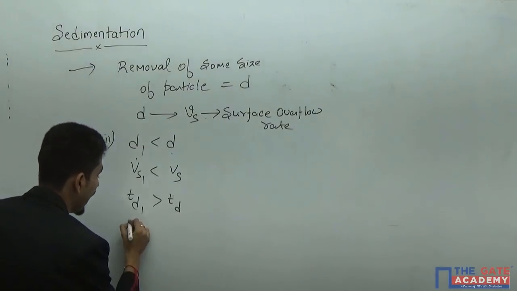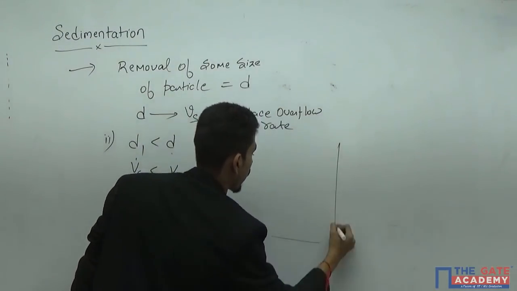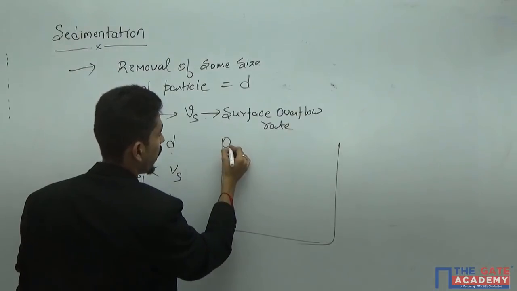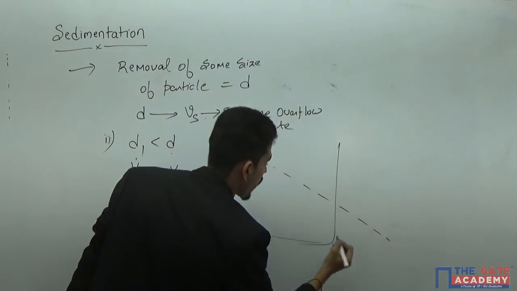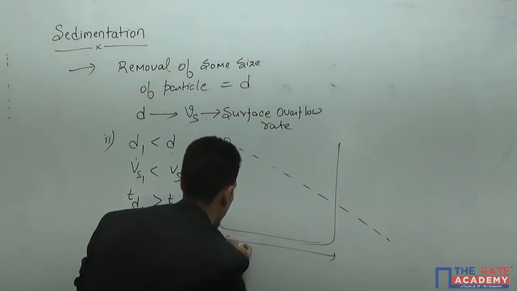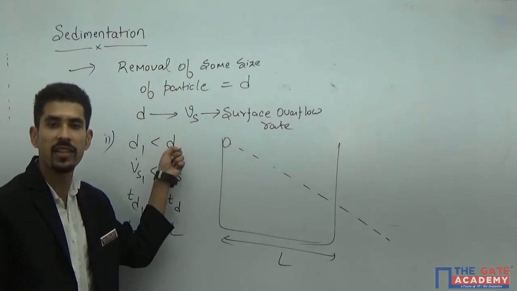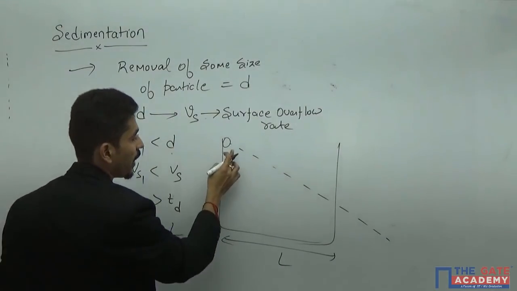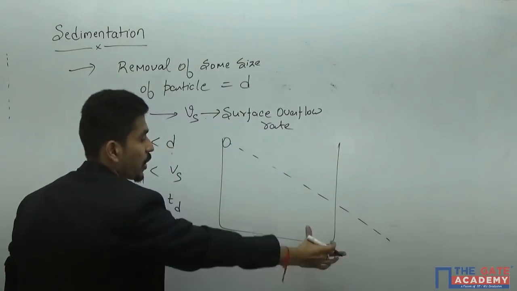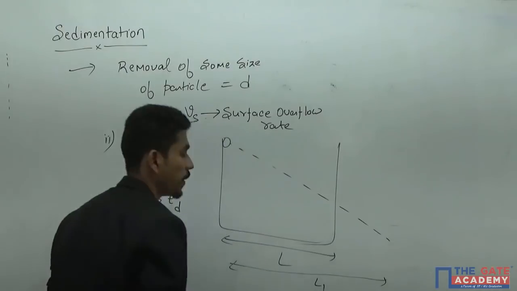that means the length required by the particle to settle will be more than L. This is your L, and this particle whose size is less than your concerned size will require a length more than that of L. That is, this is L1.